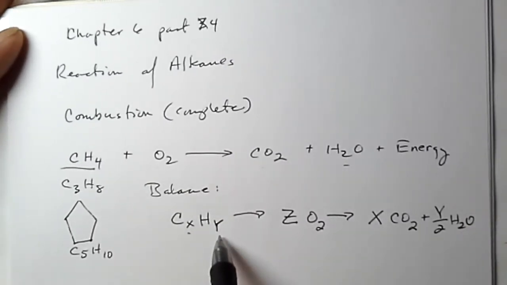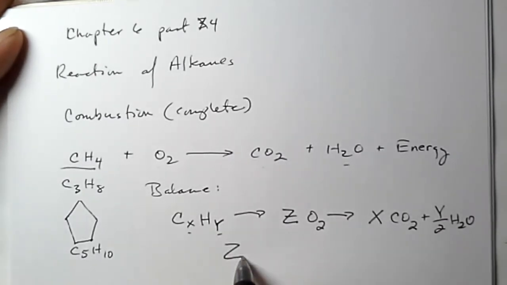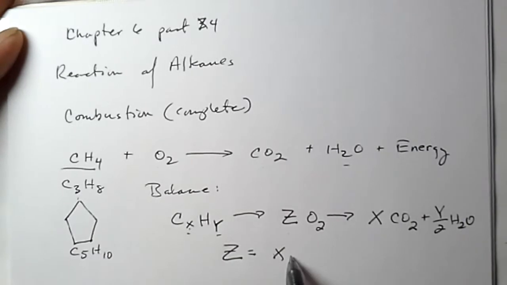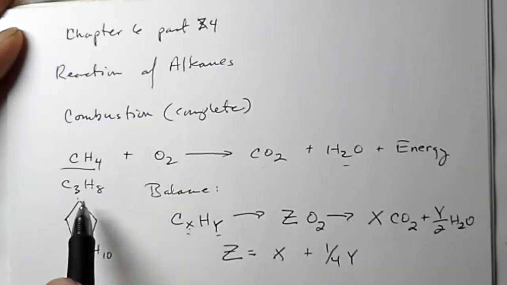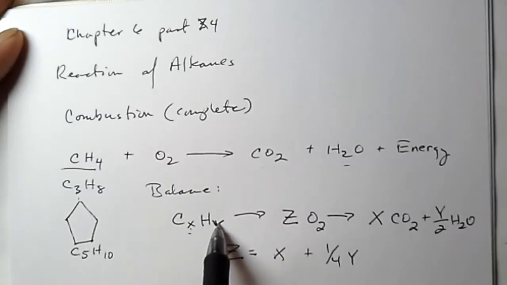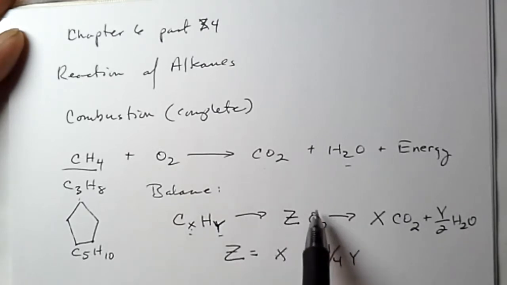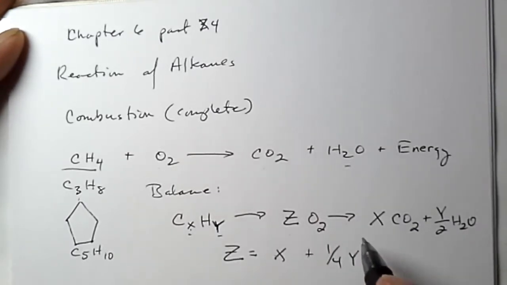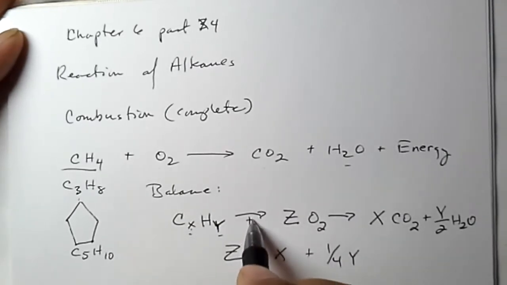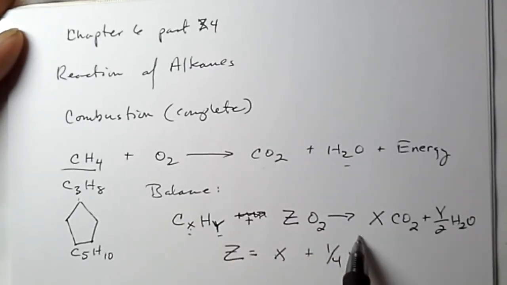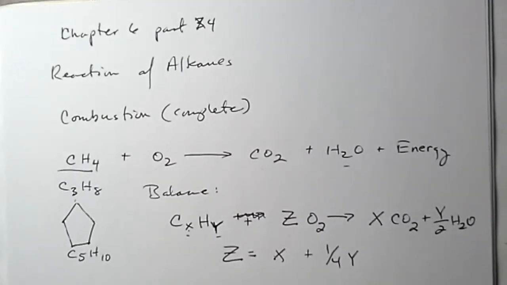So we have X, Y, and Z, and we can determine what Z is simply by taking X, the number of carbons in the reactant, plus 1/4 Y, the number of hydrogens in the hydrocarbon. This sum will give us the moles of oxygen required to generate CO2 and water.